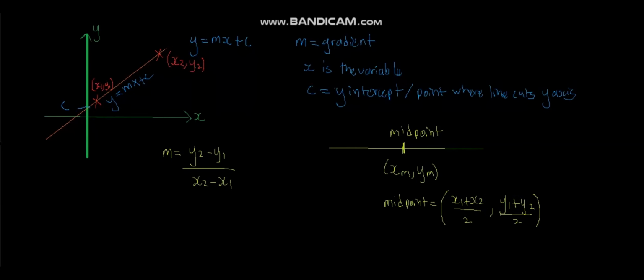Now, another important formula in coordinate geometry is the distance between 2 points on a line.